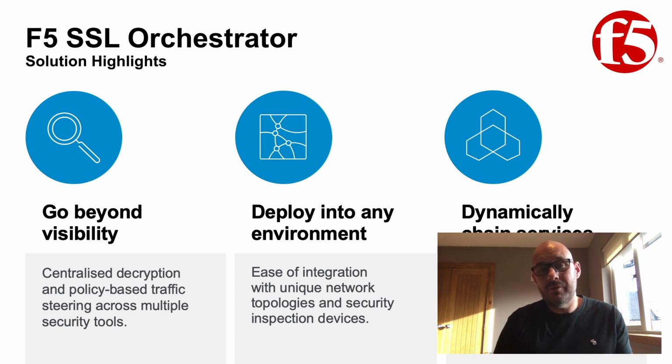And the dynamic service chaining, it's a unique point that F5 can do that none of our competitors can do, and it really brings a real flexibility, as I said during the demonstration, to maybe look at upgrades or test traffic for proof of concepts. So it's very, very flexible.